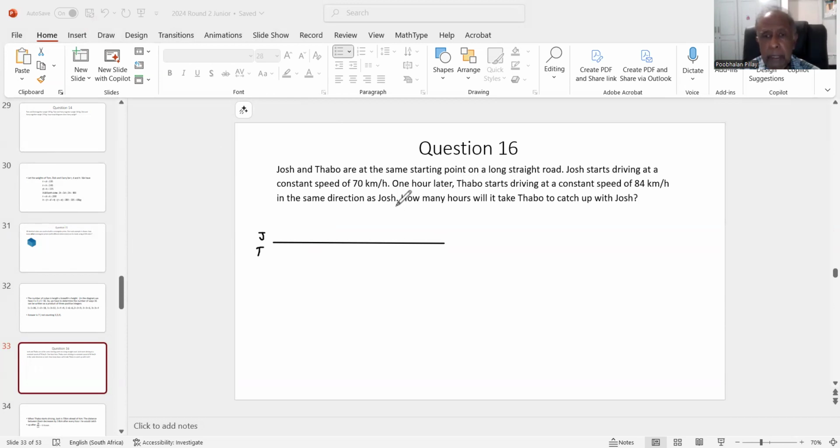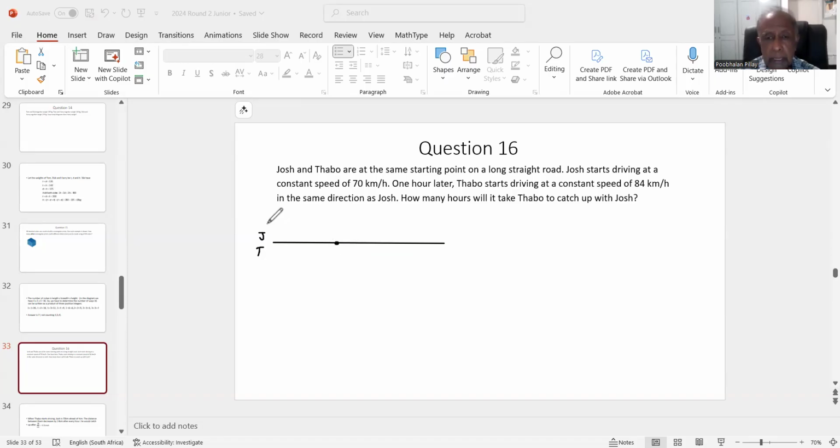Now Josh starts driving at a constant speed of 70 kilometers per hour. So Josh takes off. Tabo is still standing, but 1 hour later, Tabo starts. So Josh has moved up to a certain point, and 1 hour later, Tabo travels.